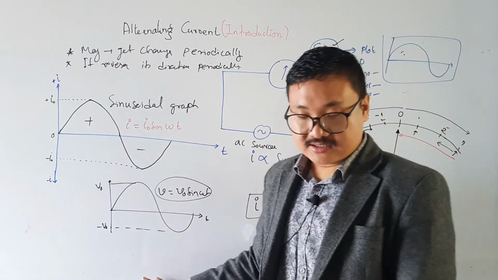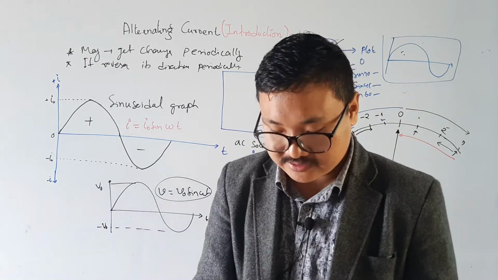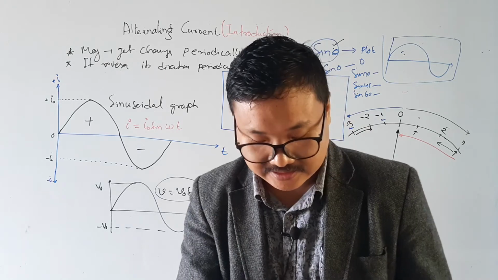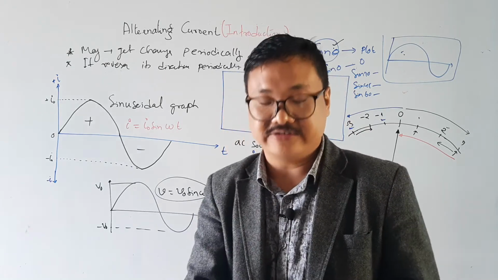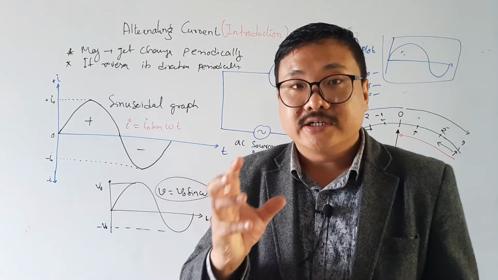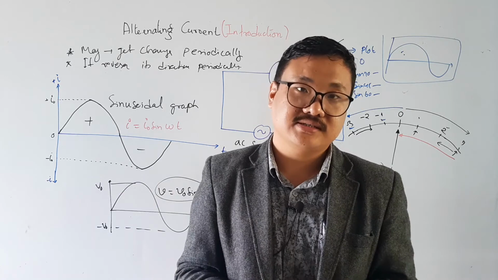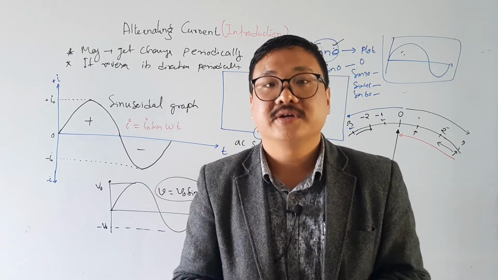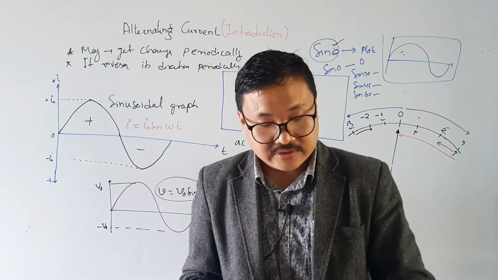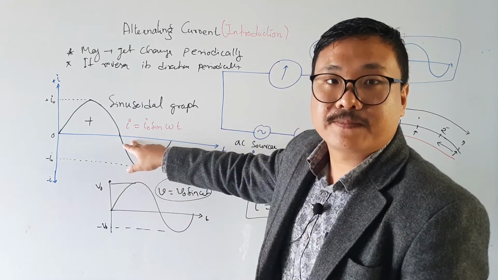Every time, the current and the voltage that we are using in our everyday life are alternating current and alternating voltage. And we say I am getting 240 volt AC, I am getting 220 volt AC, I am getting 3 ampere AC. Then how can we say there is a particular value?